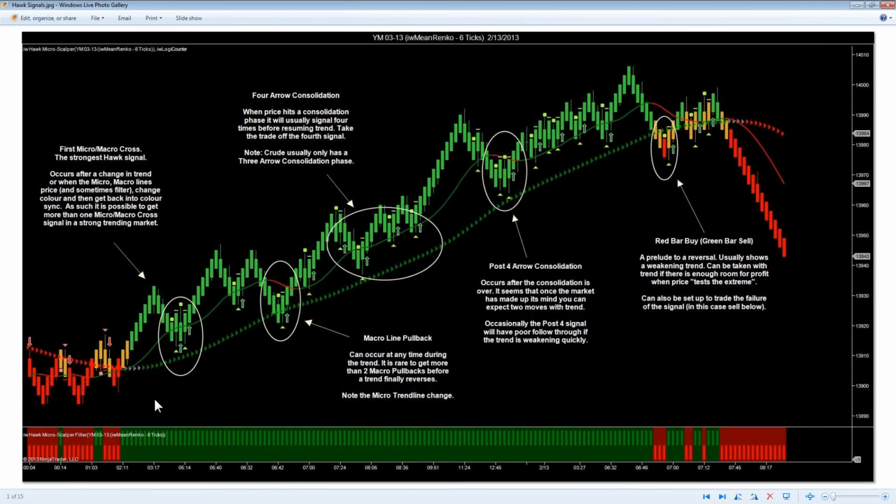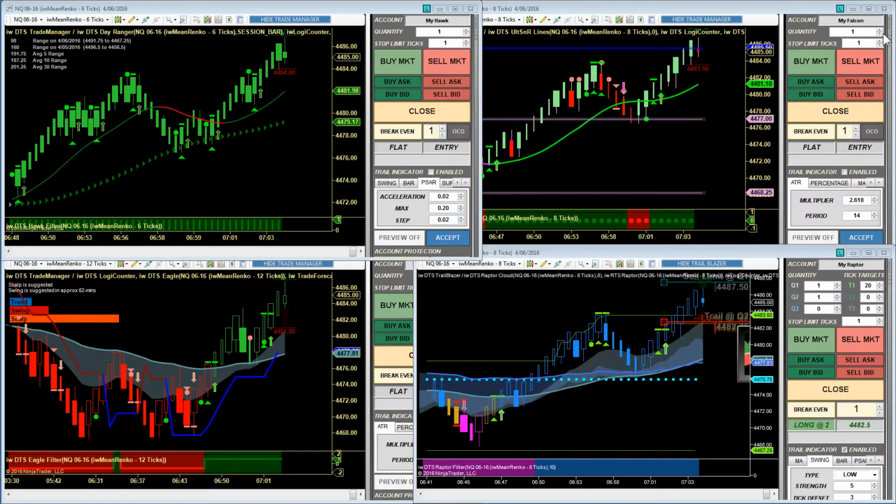There's really just 5 signals that we concentrate on. You'll notice there were signals printing here. We didn't take those because those weren't high probability. We didn't take these yellow bar signals because they're not high probability. So we tend to focus on the more probable signals.